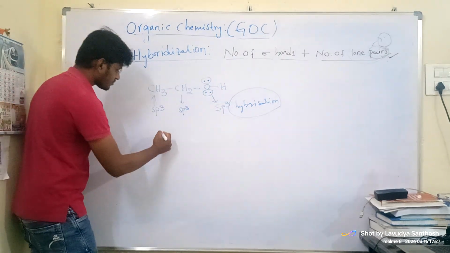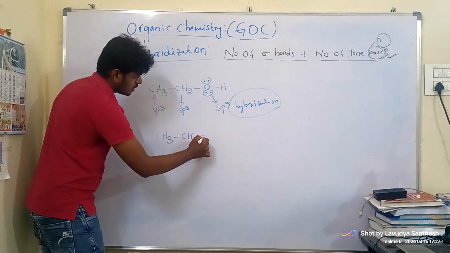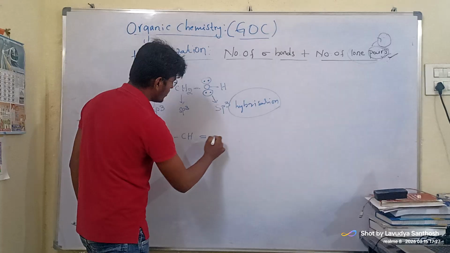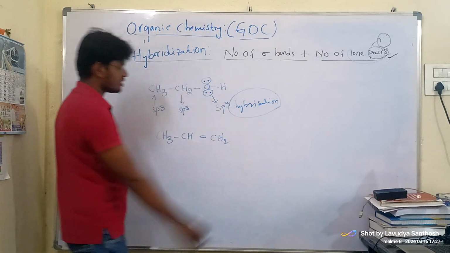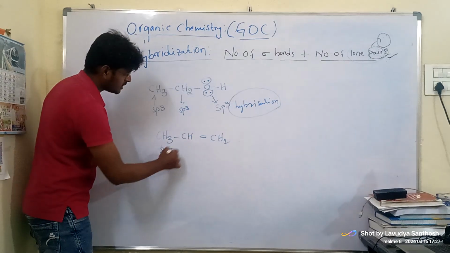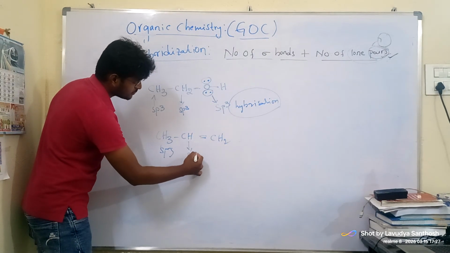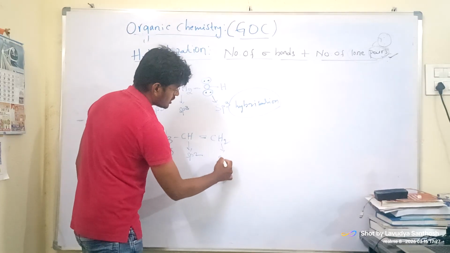Now CH3, CH2, CH double bond CH2. Now see this compound. This is sp3. See, double bonds are there, so sp2, sp2.